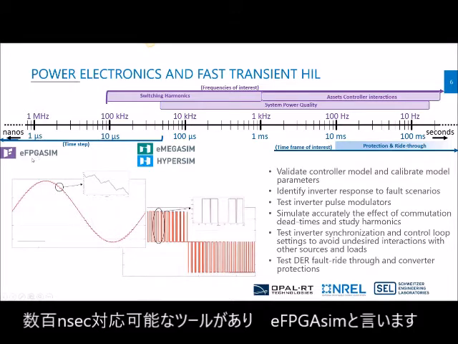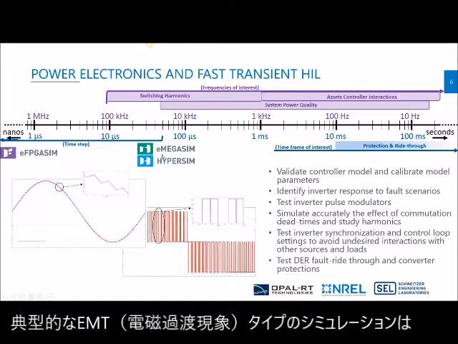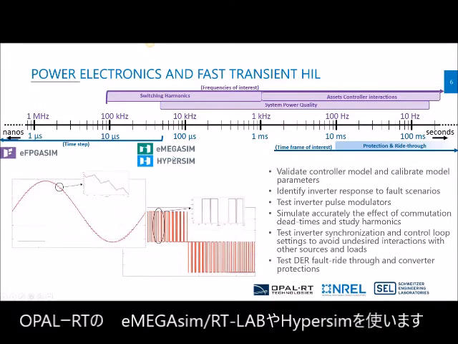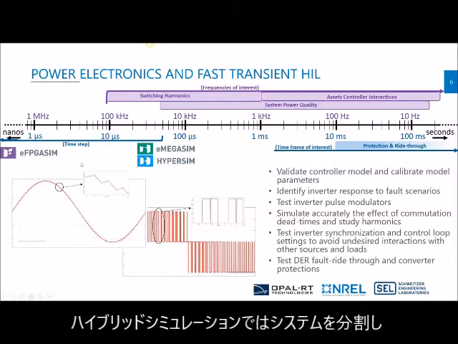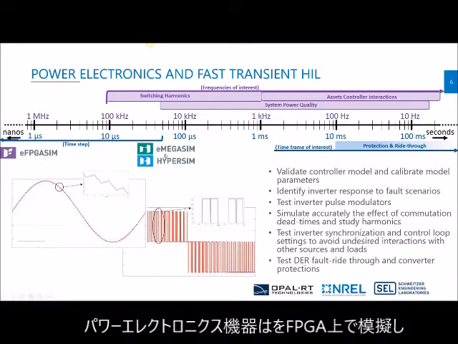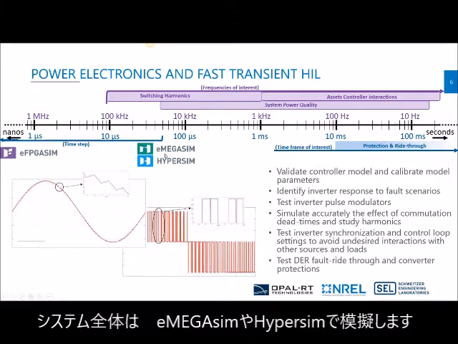It's eFPGASim. And then typical EMT type simulations are done using eMEGAsim, RT-LAB and HYPERSIM from OPAL-RT. You could also have hybrid simulations where you decouple the system or the power electronics in eFPGASim and run the whole system in eMEGAsim or HYPERSIM.